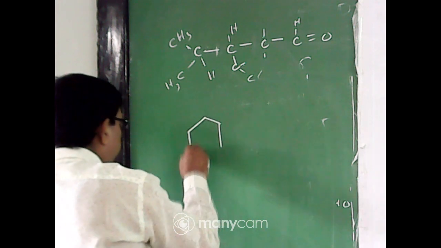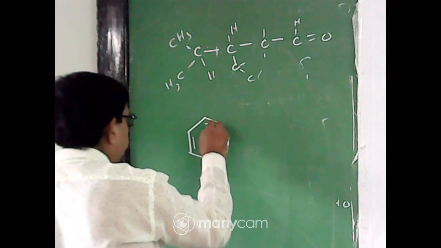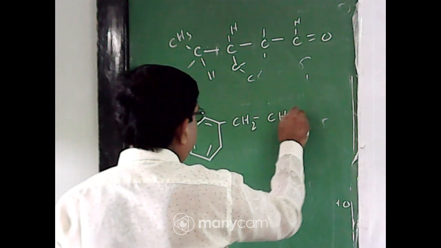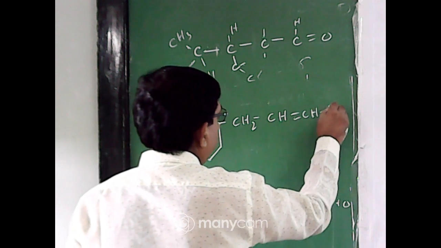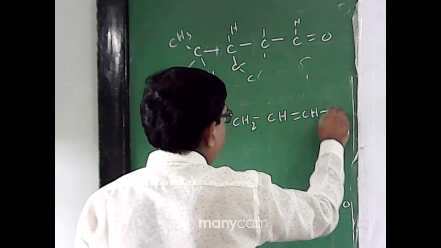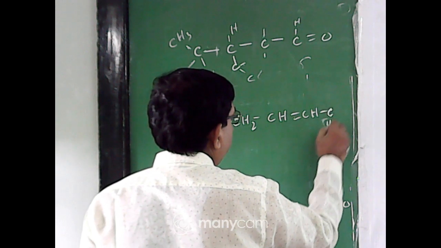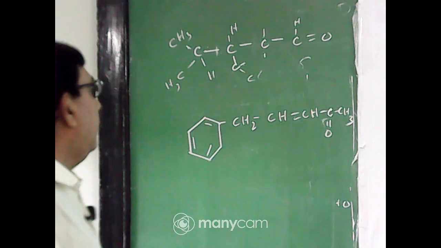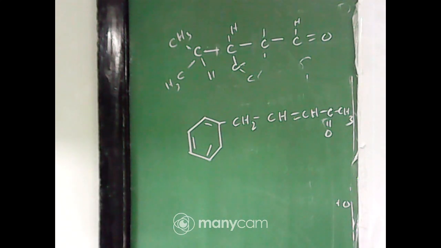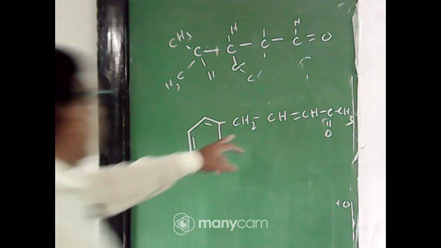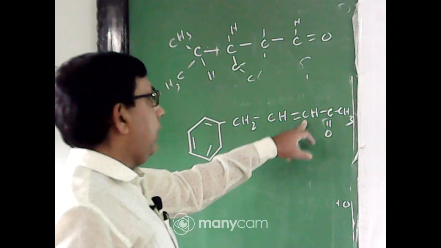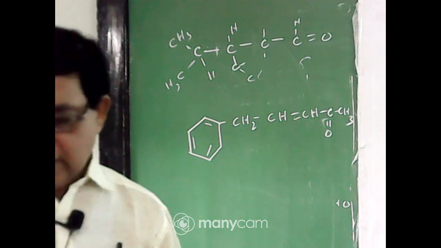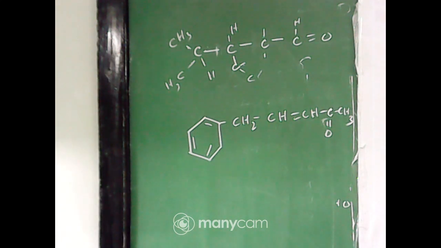This compound: benzene ring CH2, single bond CH, double bond CH, single bond CO, CH3. Count the number of sigma bonds and pi bonds and tell me the answer.